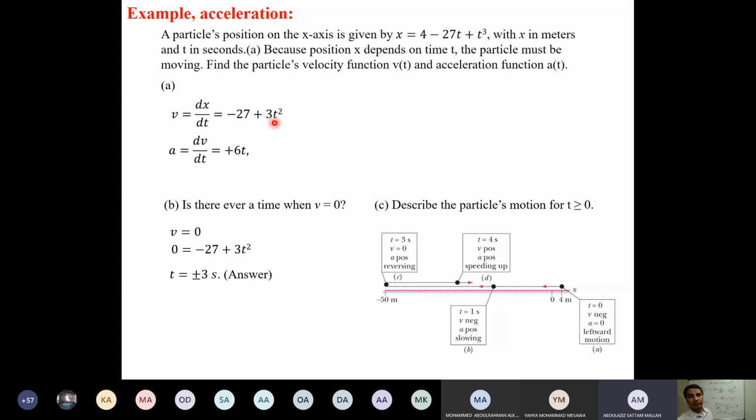Minus 27 and plus 3 t squared, is that what you mean? How did we get the 3? When you take the derivative of t cubed with respect to t, what do you get? You get 3. Oh yeah, that's what we get.